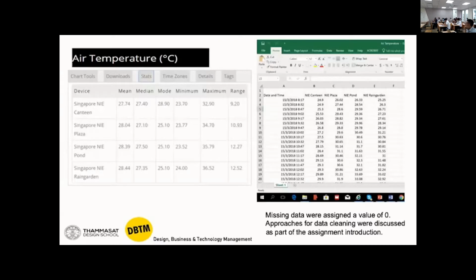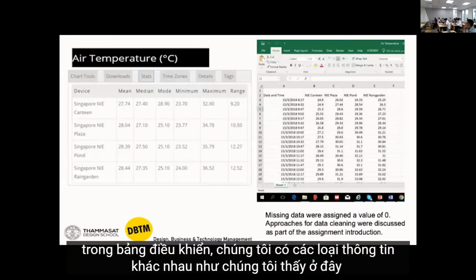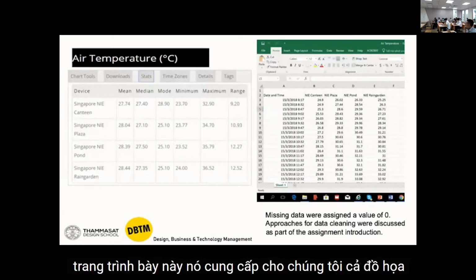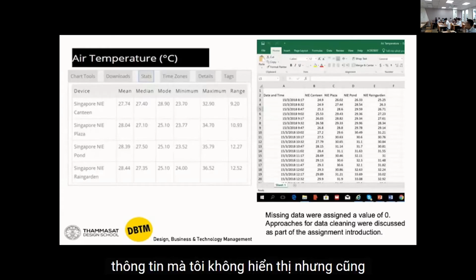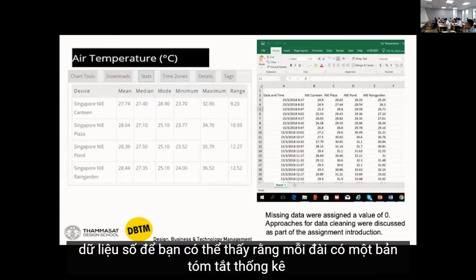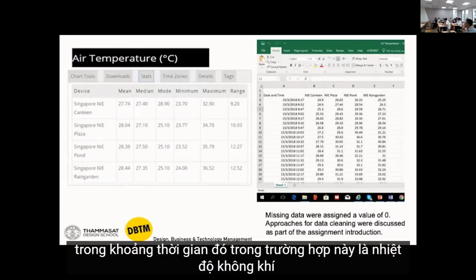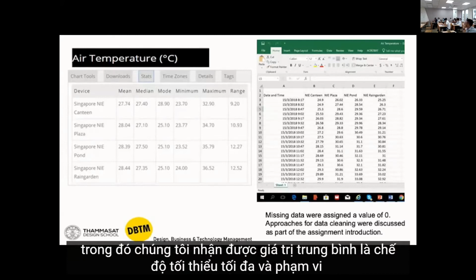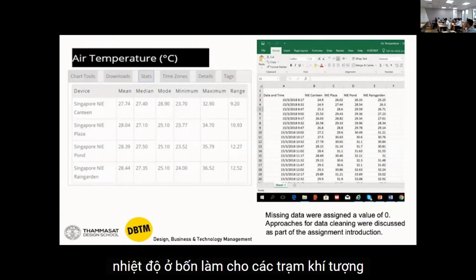Within the dashboard, we got different types of information, as we see here in this slide. It provided us both graphical information, which I'm not showing, but also numerical data. So you can see that each station had a summary of statistics for that time period, for, in this case, air temperature, where we were getting the mean, the median, the mode, minimum, maximum, and range of temperatures at the 4 meteorologic stations.